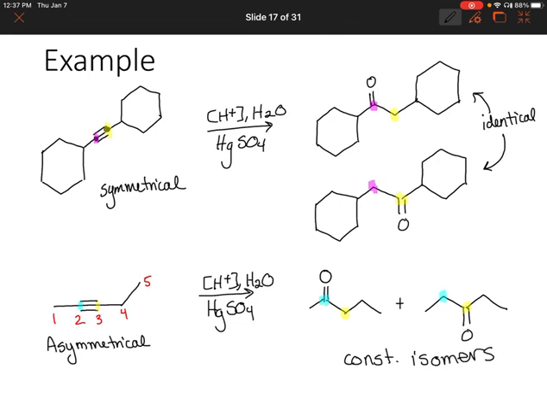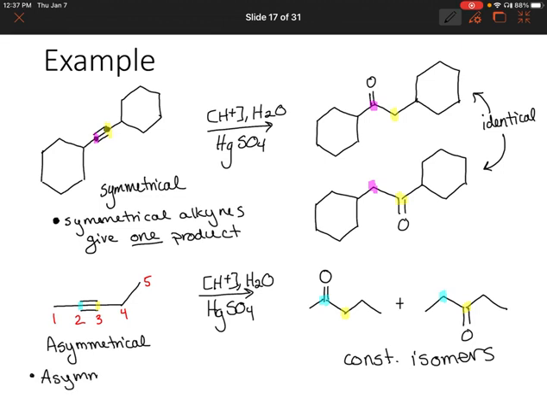Okay, so what this tells us is if you have a symmetrical alkyne, like up above, symmetrical alkynes give one product. But asymmetrical alkynes will produce 2 products. Now again, this really only applies to internal alkynes.